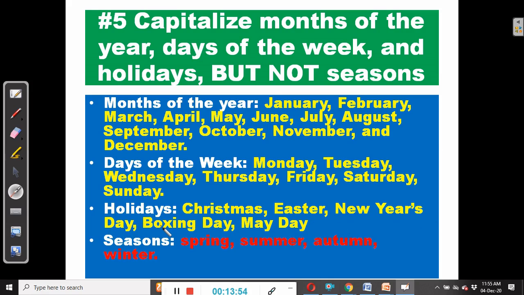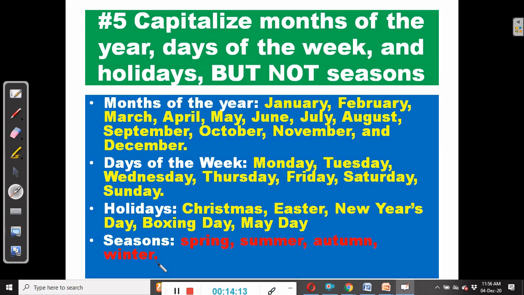These are all usually capitalized: months of the year, days of the week, and holidays. Seasons are not capitalized. English seasons include spring, summer, autumn, and winter, and these are not capitalized.